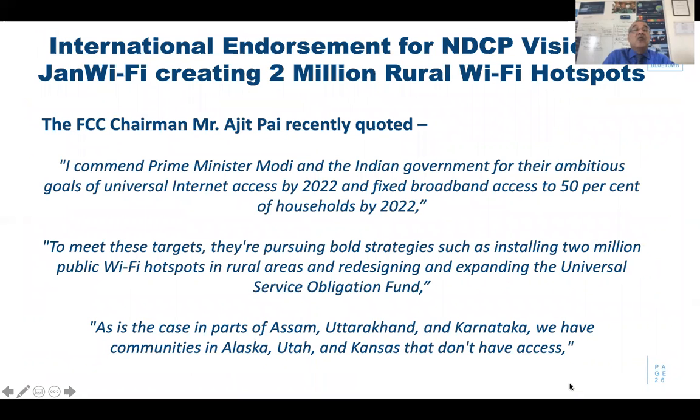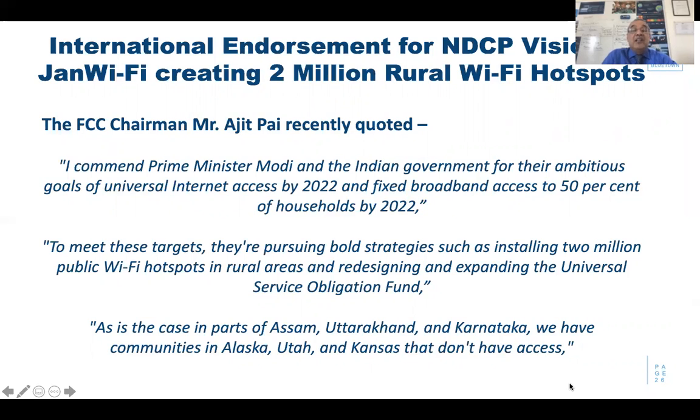And we also got an international appreciation when we went for this, where the FCC chairman, Mr. Ajit Pai, recently quoted, "I commend Prime Minister Modi and Indian government for their ambitious goals of universal internet access by 2022 and fixed broadband access to 50% of households in 2022.